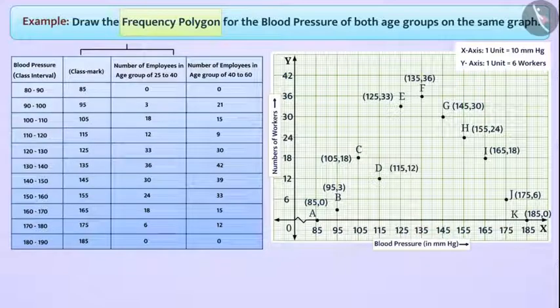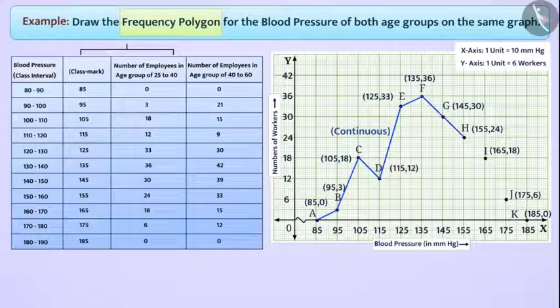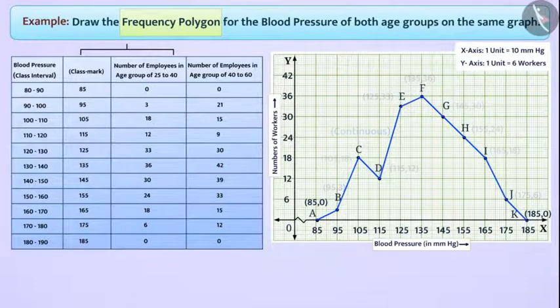We will connect all these with continuous line segments, which gives us frequency polygon ABCDEFGHIJK, which represents the number of workers in age group 25 to 40 and their blood pressures. To represent that this polygon made up of continuous line segments represents the number of workers in the age group of 25 to 40, we will write a symbol like this.